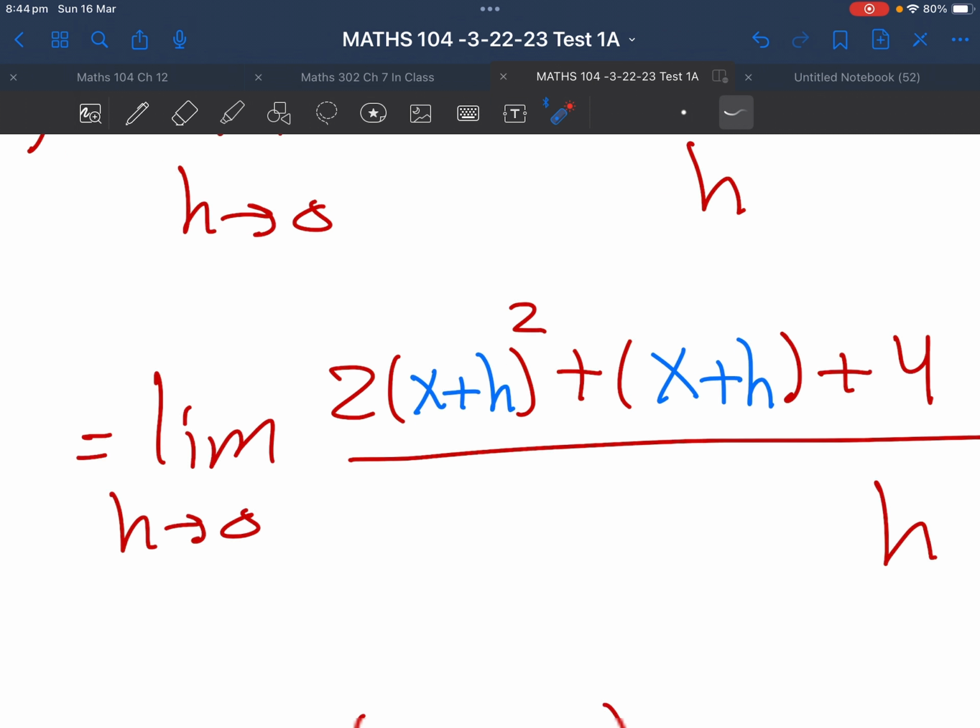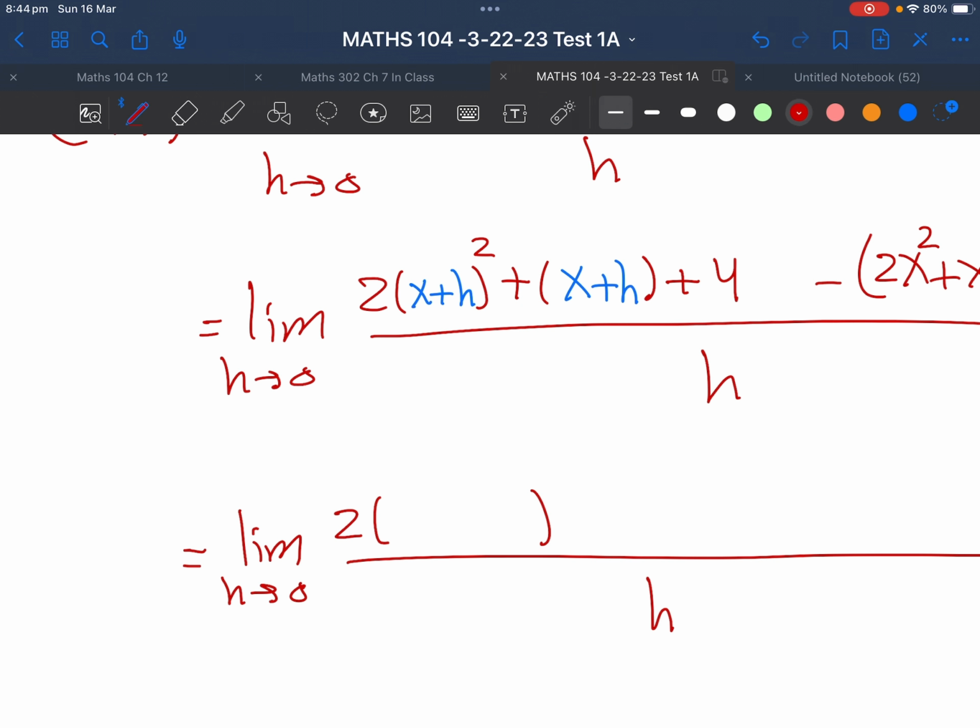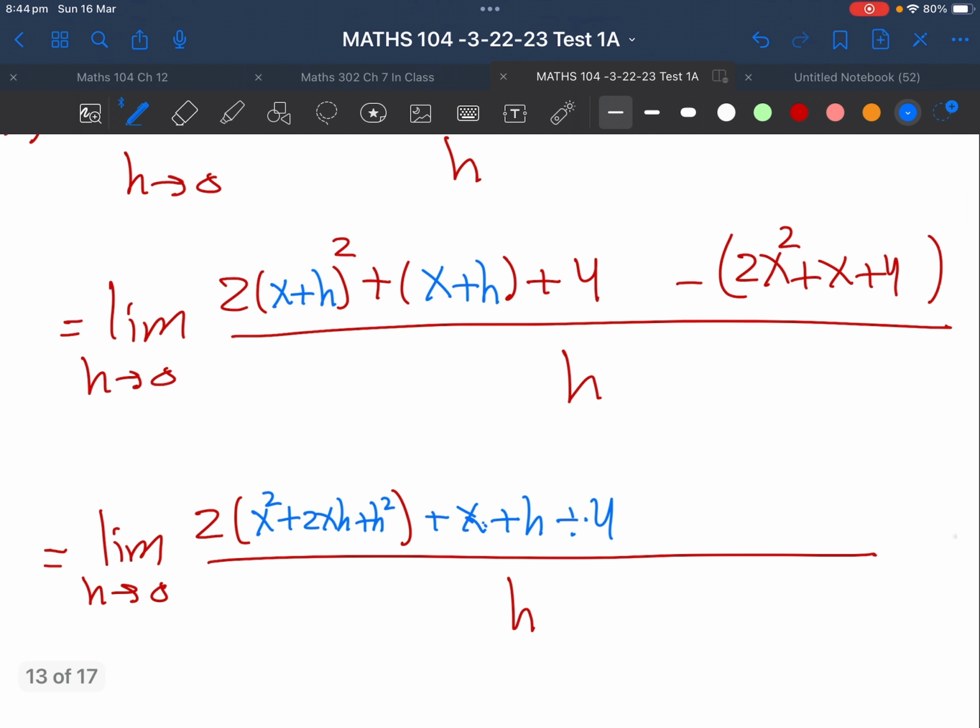That's how we expand this one here. So it will be x squared plus 2xh plus h squared plus x plus h plus 4 minus, and now the minus will go inside everywhere, minus 2x squared minus x minus 4.